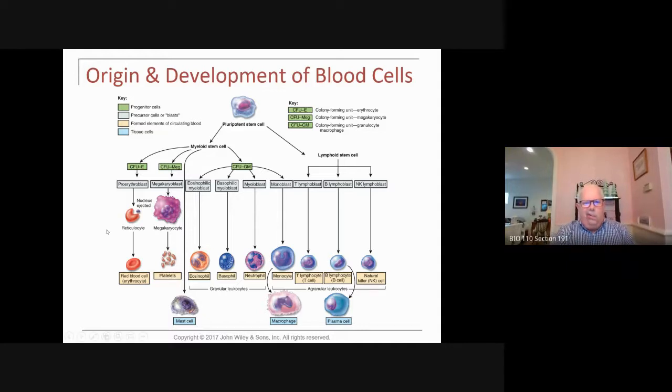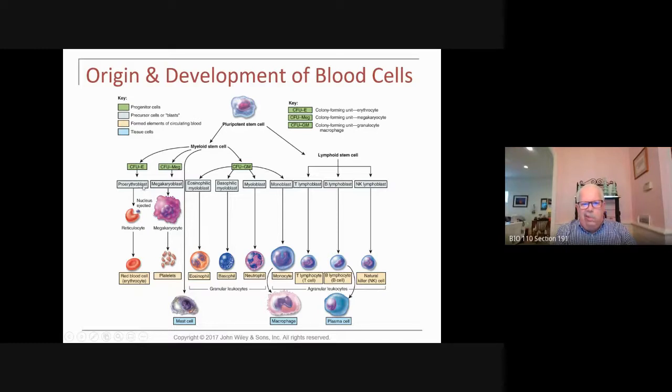Let's look at the red cell. The mother of all red cells is the proerythroblast. Whenever you see the word blast, it means it's an immature cell. You should never see a blast cell in the peripheral blood smear, ever. It means you have leukemia.